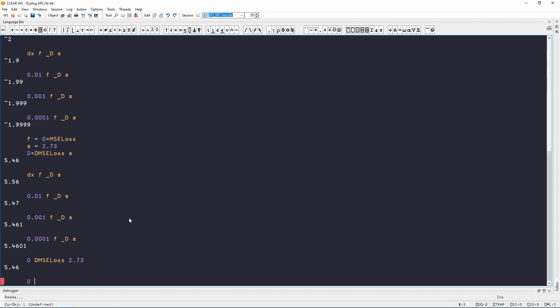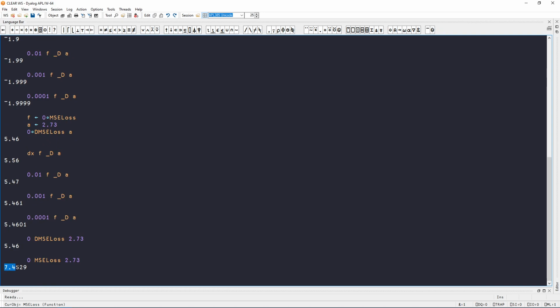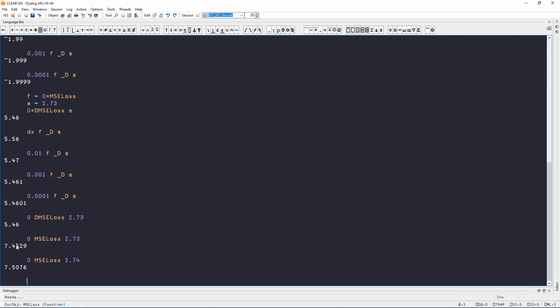So the value of the loss itself is this, 7.4529. Now the derivative is positive, so if I take a small step to the right, then this value should increase. So let me take a small step to the right. Notice that from 7.45, now we are at 7.50. Right? And now, if I take another small step, we can say that this increases even further.